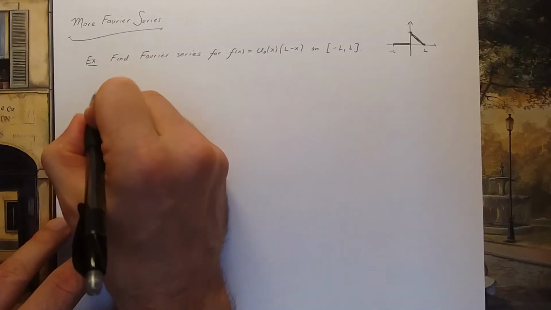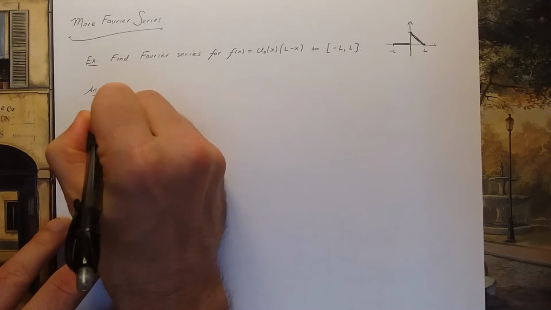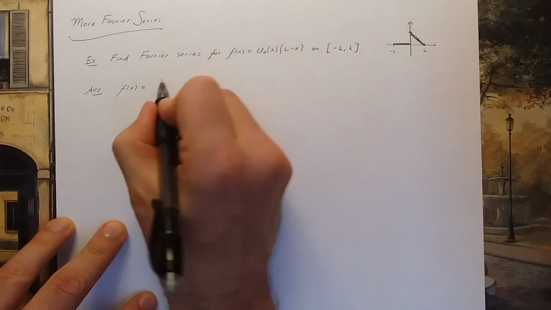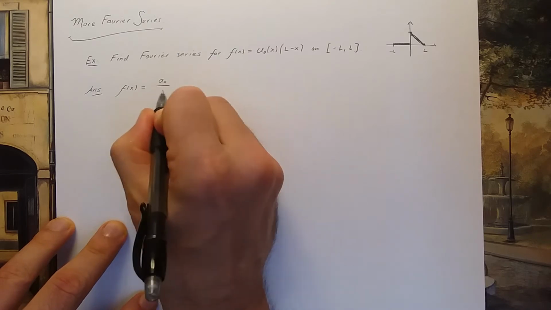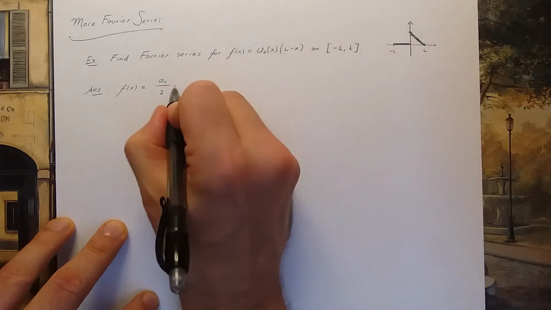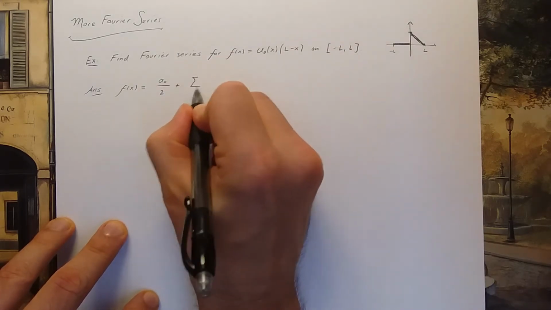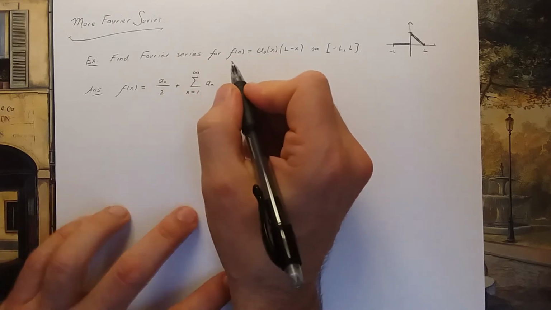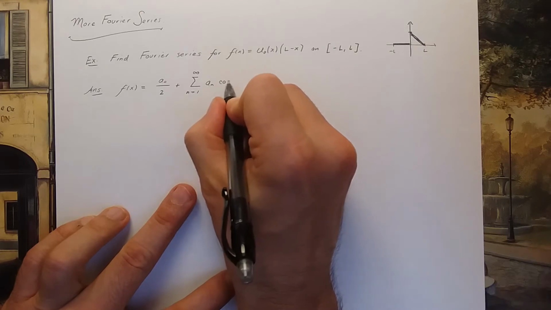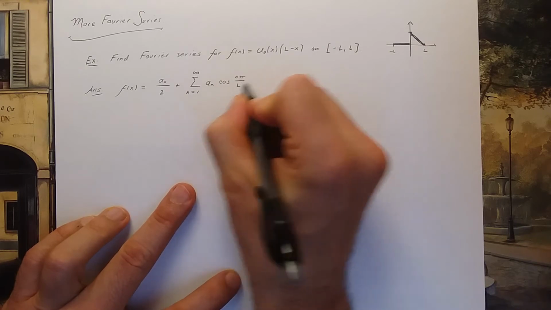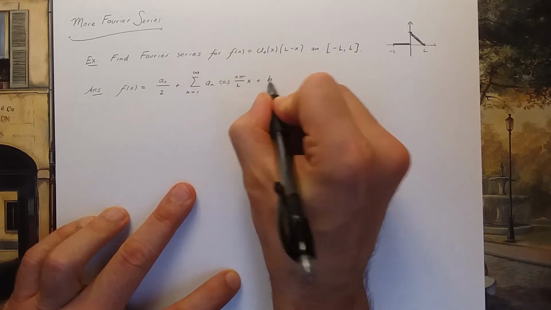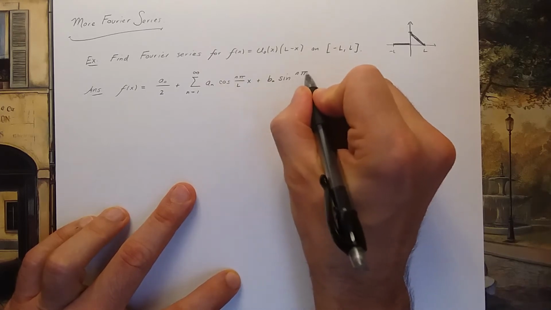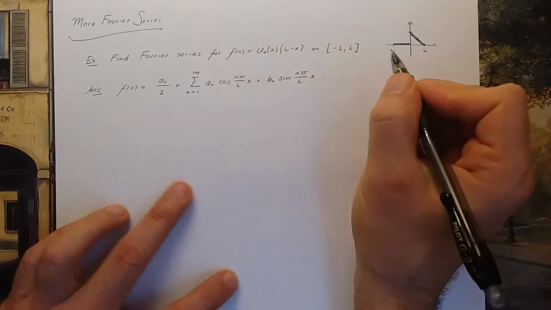The Fourier series, here's my answer. The Fourier series is equal to a constant a0 over 2 plus the sum going from 1 to infinity, some constants an times cosine n pi over L x plus some other constants bn times the sine functions sine n pi over L x.